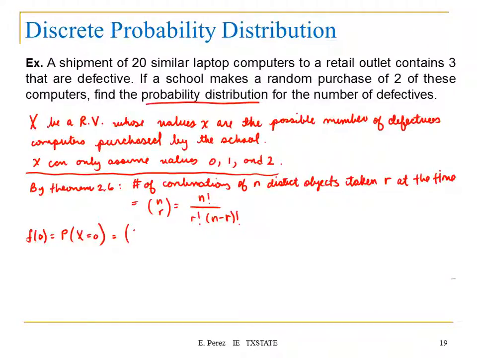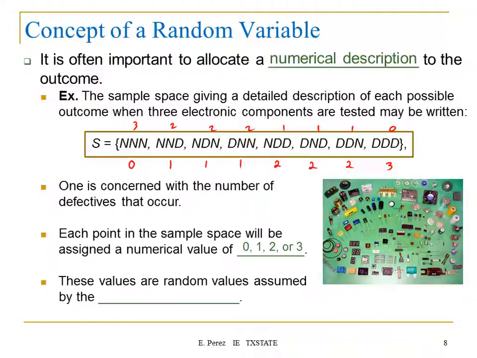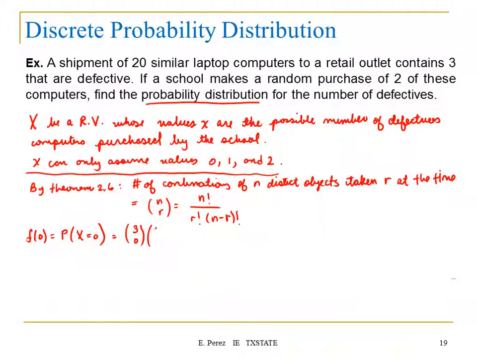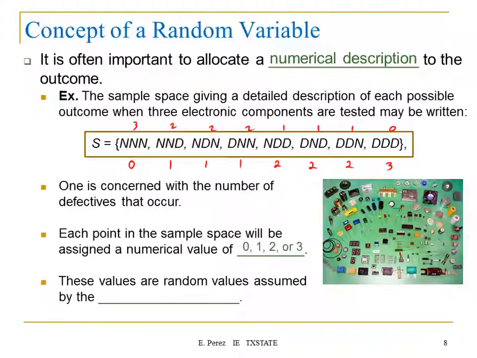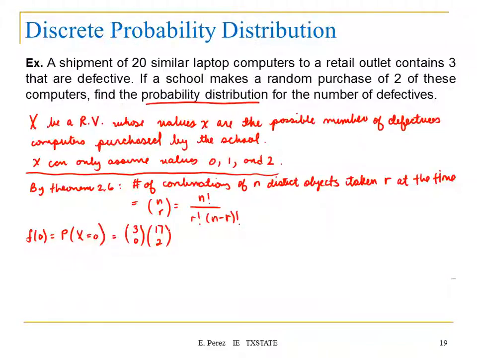So that event is going to happen when you select 3 choose 0 from the 3 that are defective, and from the ones that are non-defective, you select 2. That makes sense? You're trying to define the event in which you select none of them are defective. And that will only happen when from the group that are defective, you select 0, and from the group that are non-defective, you select 2.